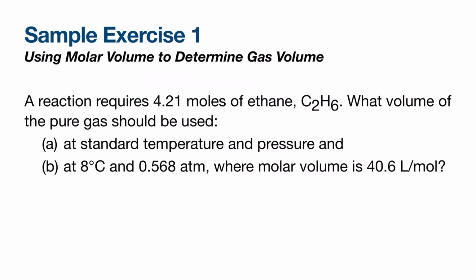Let's apply the concept of molar volume to determine the gas volume in sample exercise number 1. A reaction requires 4.21 moles of ethane, C2H6. What volume of pure gas should be used at standard temperature and pressure, and at 8 degrees Celsius and 0.568 atmosphere, where molar volume is 40.6 liters per mole?